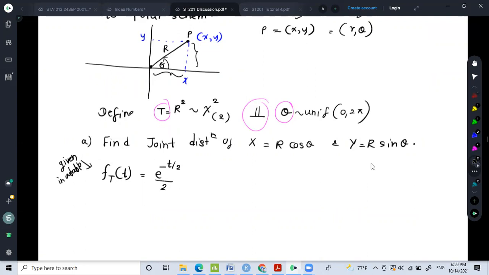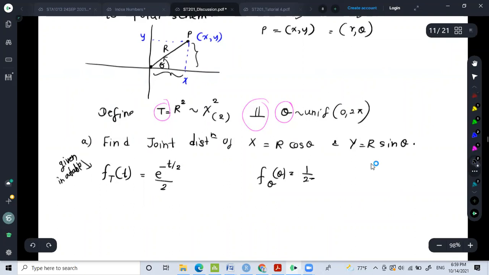So you can find it. And then how do you find F theta? It is uniform, right? So it will be 1 over 2 pi, from 0 to 2 pi. So you know F_T and F_theta. And since T and theta are independent, you can write their joint density. That means you multiply the marginals.